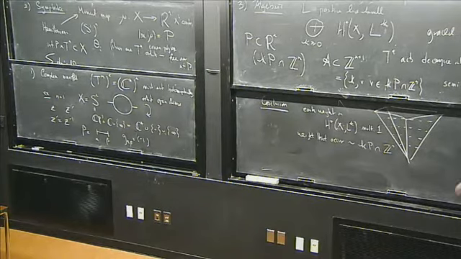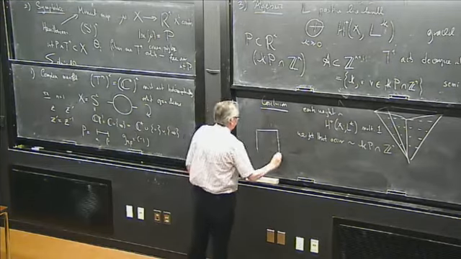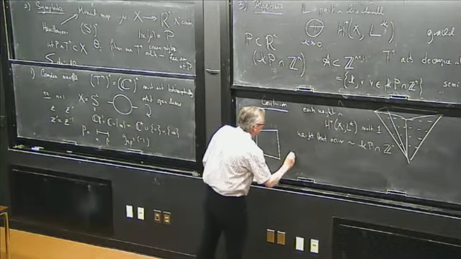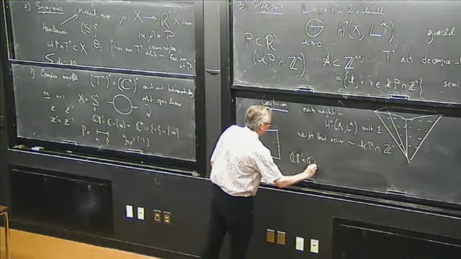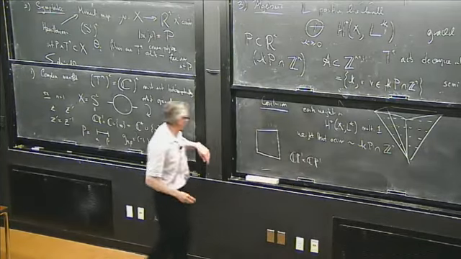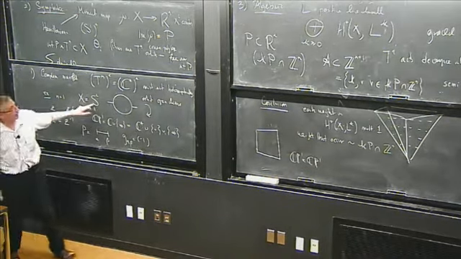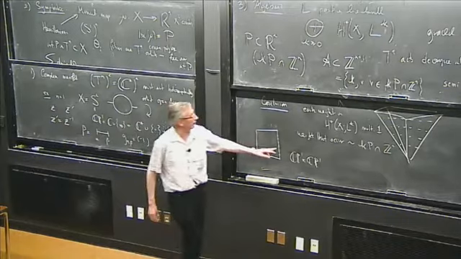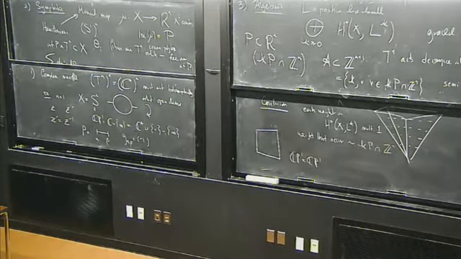So, for example, supposing we took the square. So this is CP1 times CP1. These constructions behave in the obvious way with respect to products. So if we take a product of two spheres, or CP1s, we get a square in R^2.